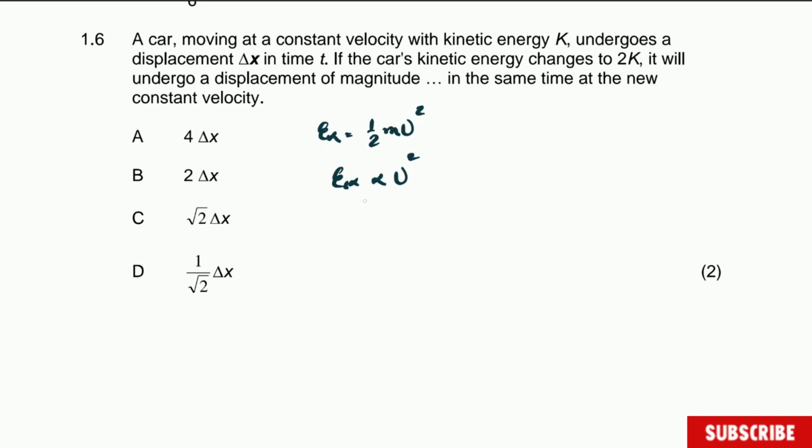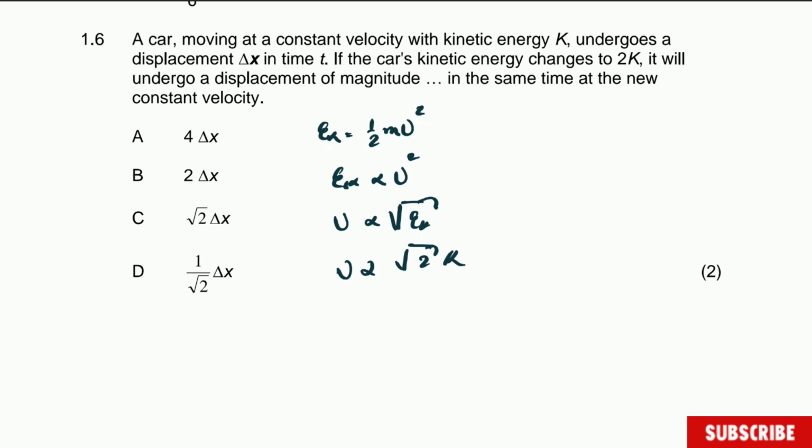So if we rearrange this, we can say that Ek is directly proportional to v squared, or we can say that v is directly proportional to the square root of the kinetic energy. Okay? That is important here. But now the kinetic energy is going to be double the initial kinetic energy. So it's going to be directly proportional to the square root of 2k.